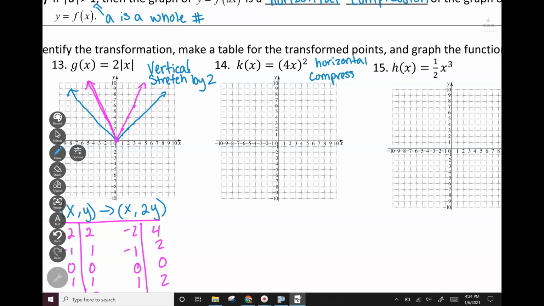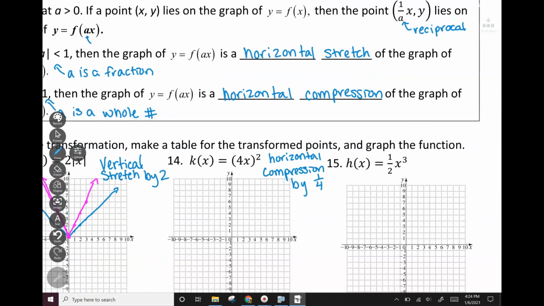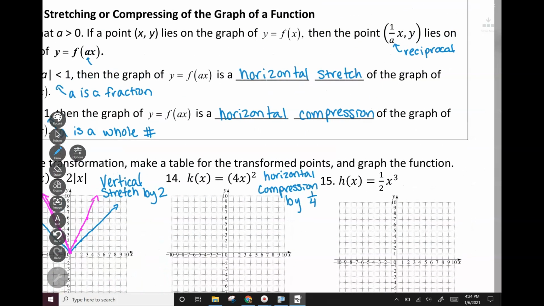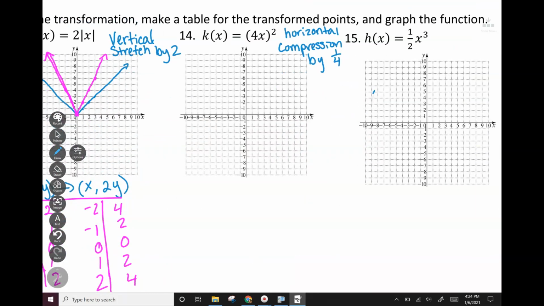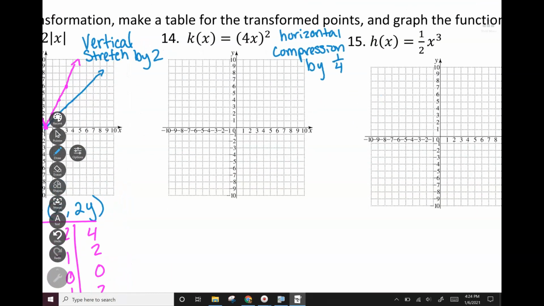And that's going to be by a factor of 1/4. Just like you're multiplying your x value by the reciprocal, the factor by which it's compressed is going to be the reciprocal. So you could also do your x comma y is going to go to 1/4 x, y. We're multiplying that by the x value this time because it's inside with the x value.